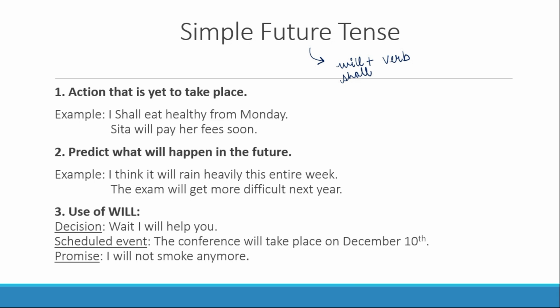For example, I shall eat healthy from Monday. Either I will eat, if you are saying that you promise that I am going to do that, then you will say I will eat. Otherwise, you will say I shall eat healthy from Monday. So the subject plus will or shall plus basic form of the verb.